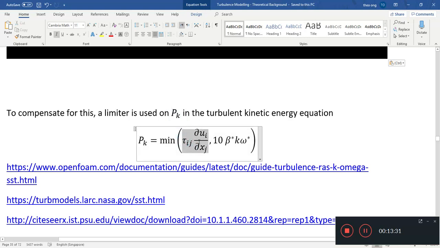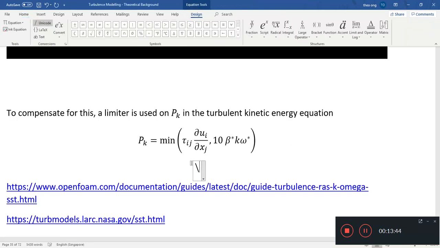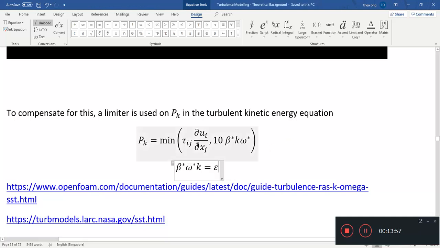So the tau ij del u del x, this is the strain rate I was talking about, and if you recognize this, beta star omega star k equals, if you remember, epsilon. So the production of k is capped, because this is a minimum.